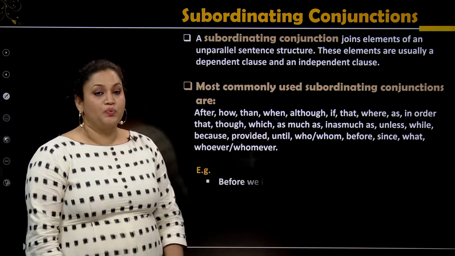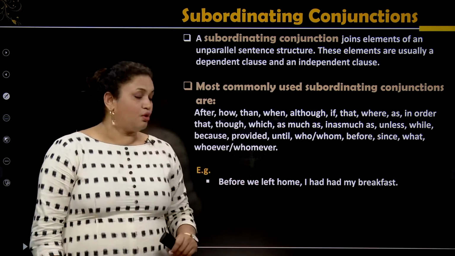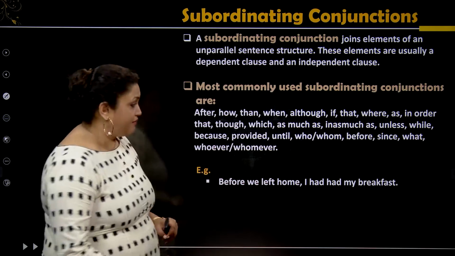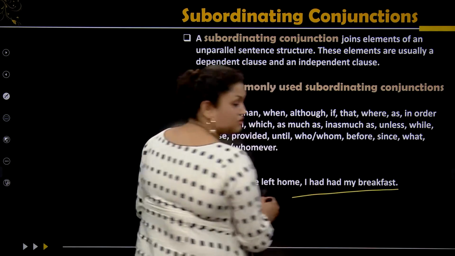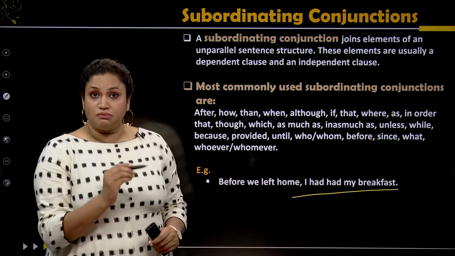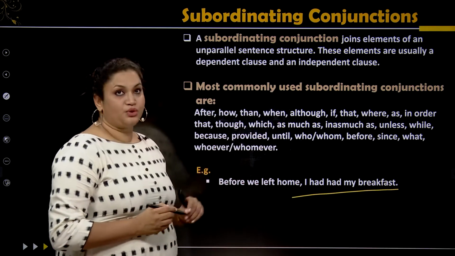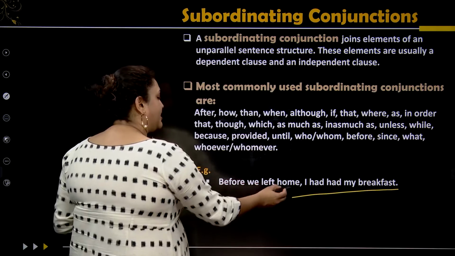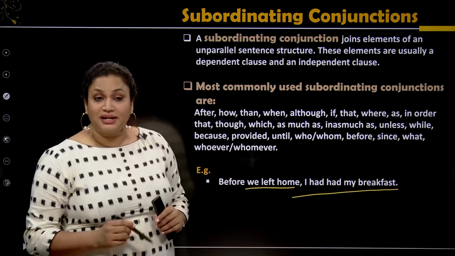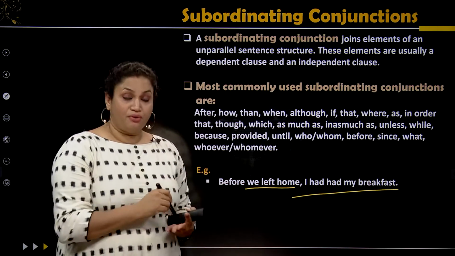Let's check how. Before we left home, I had my breakfast. Now, when I'm talking about I had my breakfast, that means it is an independent sentence, right? Before we left home, though, is a dependent sentence, because before is there.